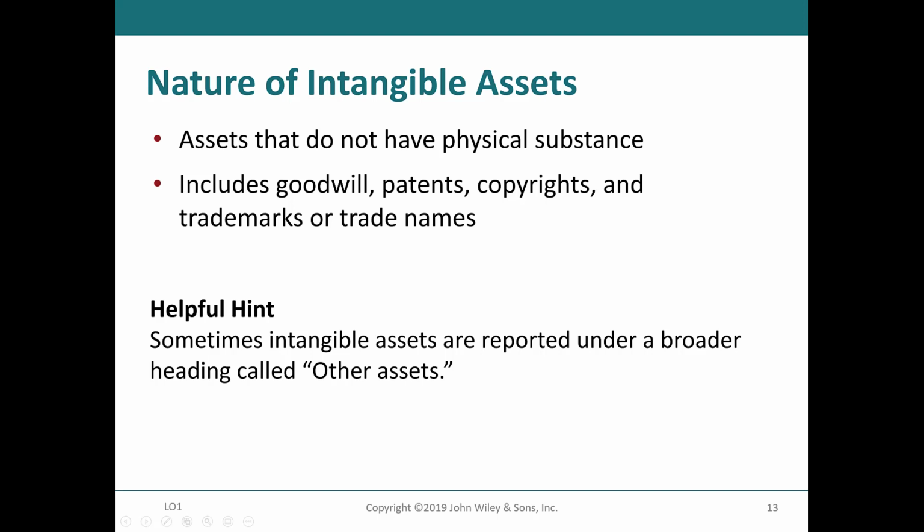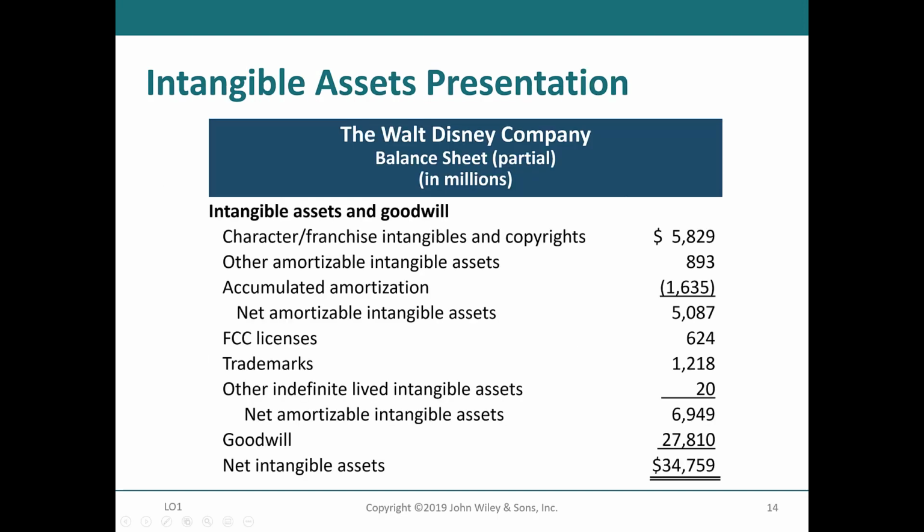Nature of intangible assets: assets that do not have physical substance, including goodwill, patents, copyrights, trademarks, and trade names. Okay, all those don't have tangible physical substance, but they add to the value of the business. So sometimes intangible assets are reported on a broader heading, and sometimes it's usually called what? Other assets. So this is an example.